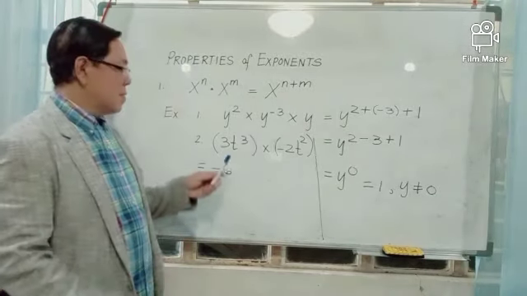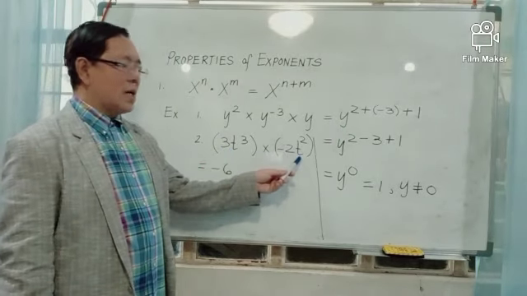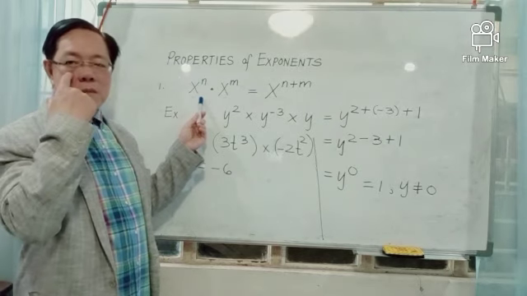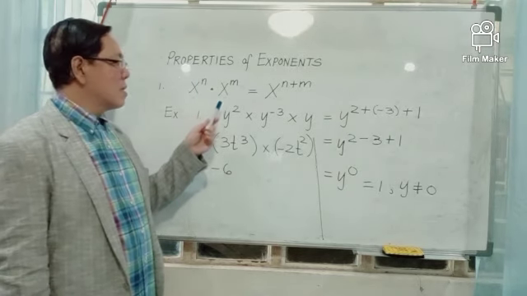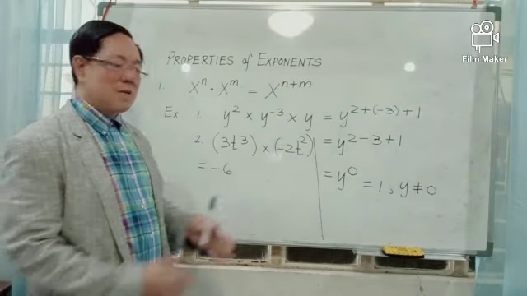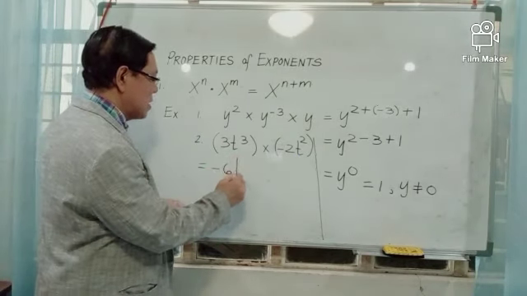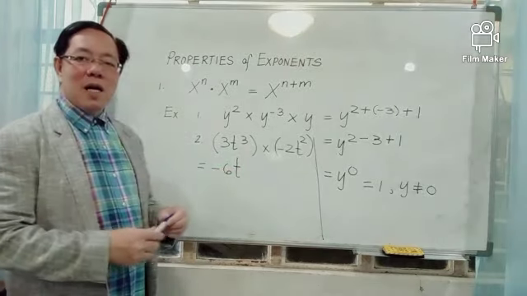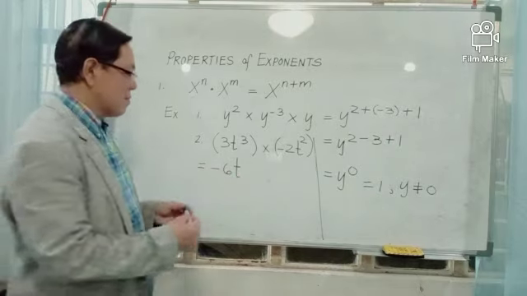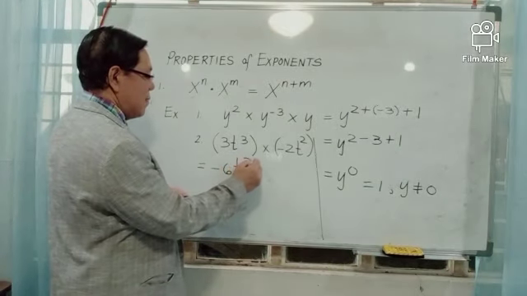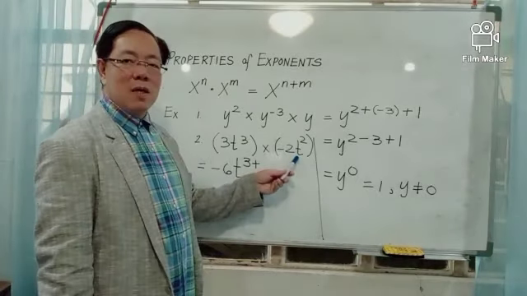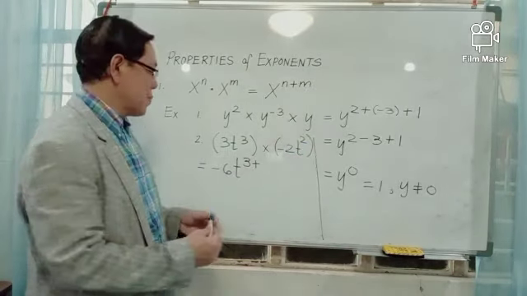Now for the product of t cubed and t squared, apply the first property of exponent. Copy the common base. The common base is t. We write t and add the exponents. Here the exponent of t is 3, plus, to 3 we add the exponent of t here, which is 2.